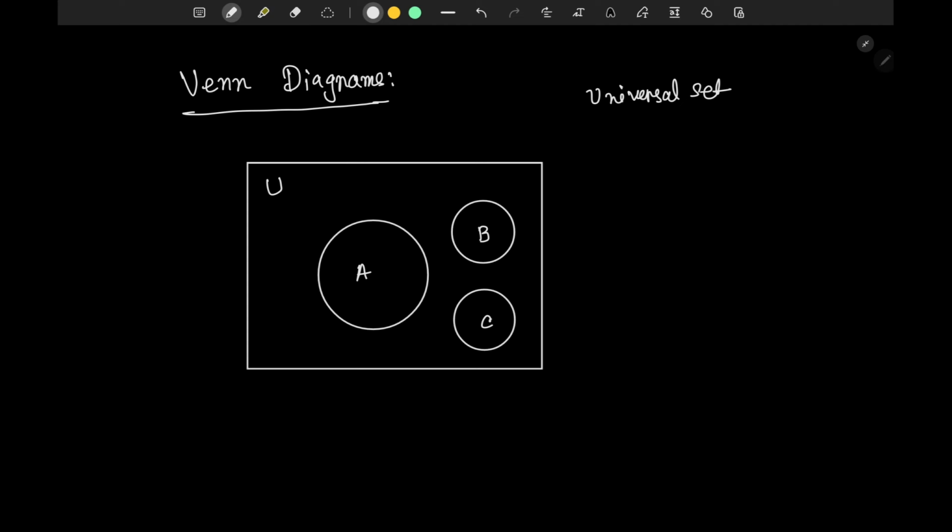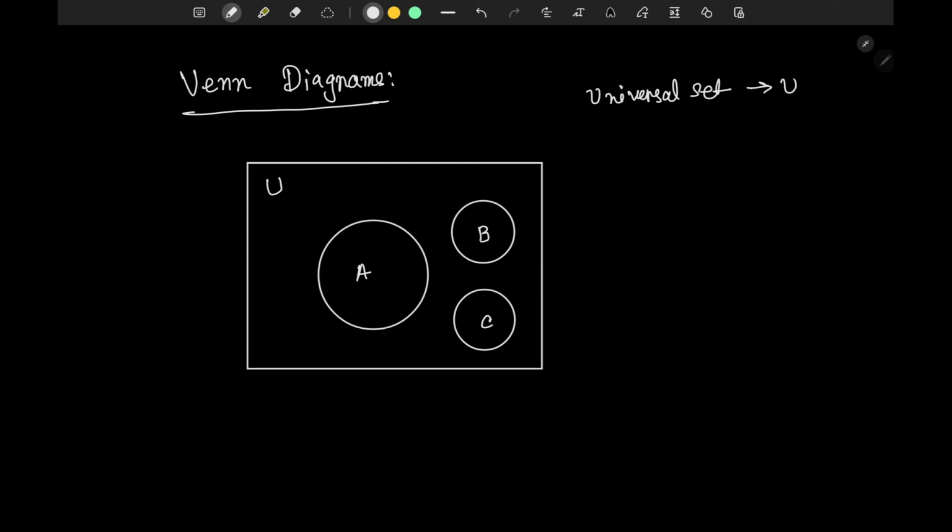So I have used this rectangle to represent this universal set, and this picture itself is the Venn diagram, named after some guy named Venn, or mathematician. I shouldn't call him a guy, rather a mathematician, but whatever. That's really none of our concerns right now. So what we want to understand is how we can try to visualize the operations that we saw, union, intersections, and so on. So let's get into it.